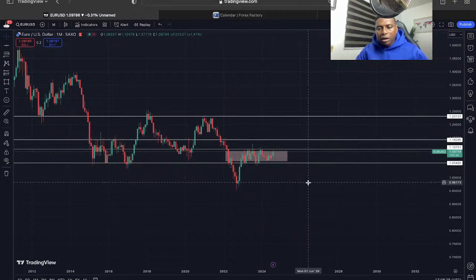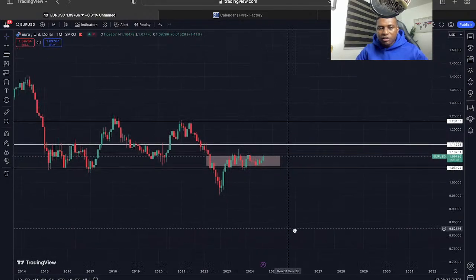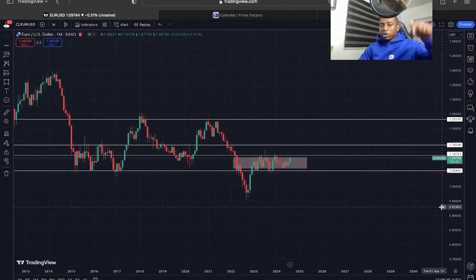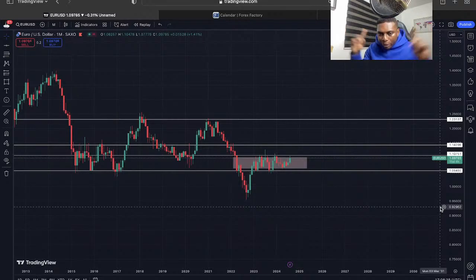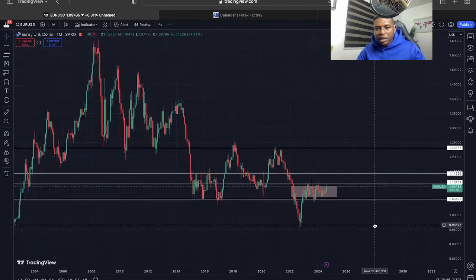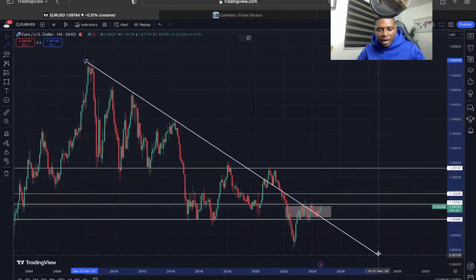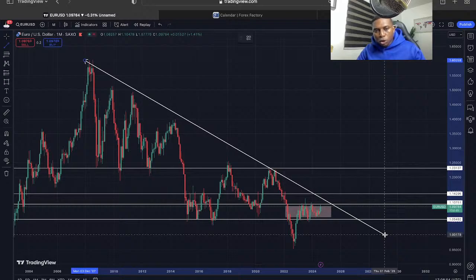Now there are two things that can change the broader market direction on this monthly time frame. When you look at the general market direction, we can equally see that EUR/USD has been experiencing higher low, higher low, higher low, higher low, and you know what that means?